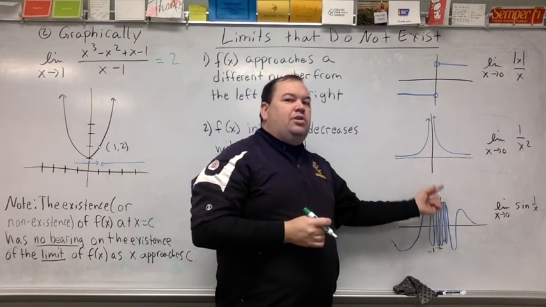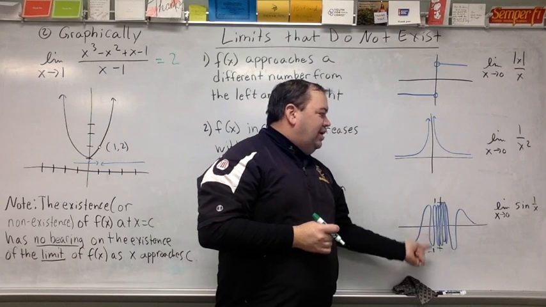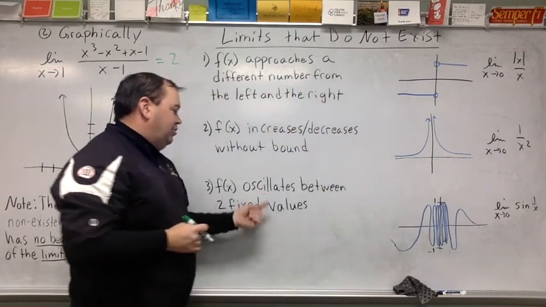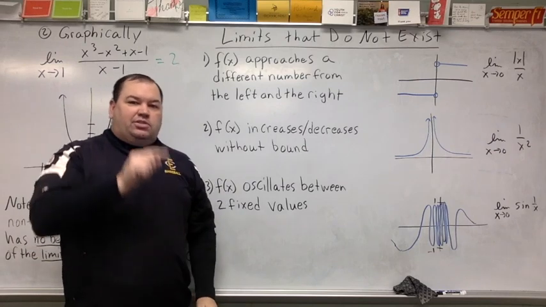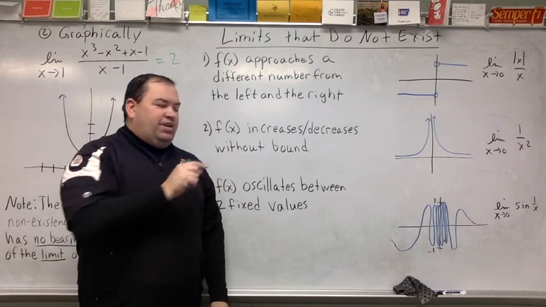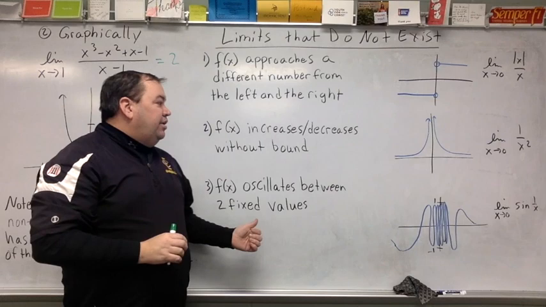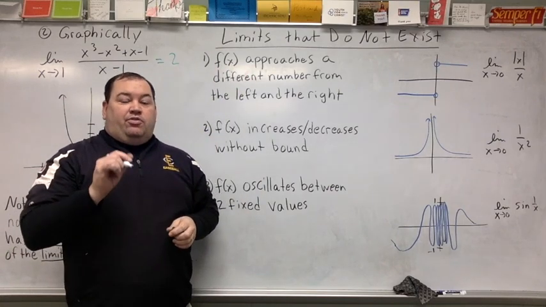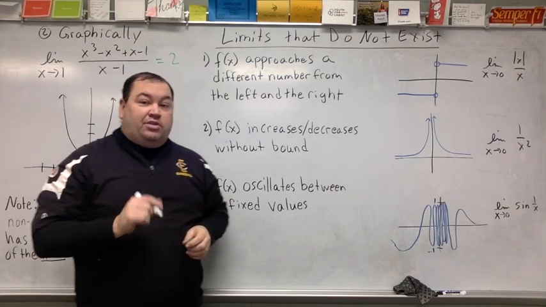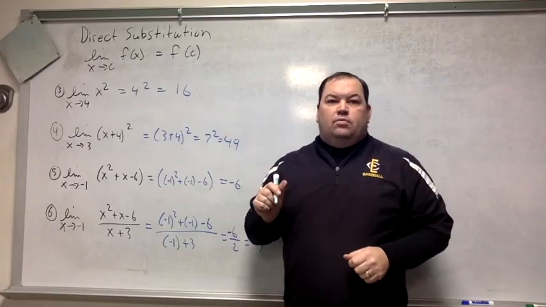But then I get closer, and I get a negative 1. And so I keep bouncing or oscillating between 2 fixed values, 1 and negative 1. If it bounces and oscillates, but not getting closer to it, then we don't have a limit for this one as well.